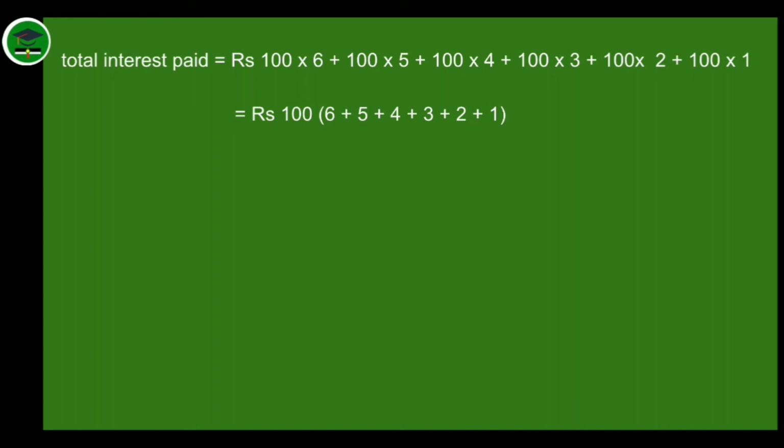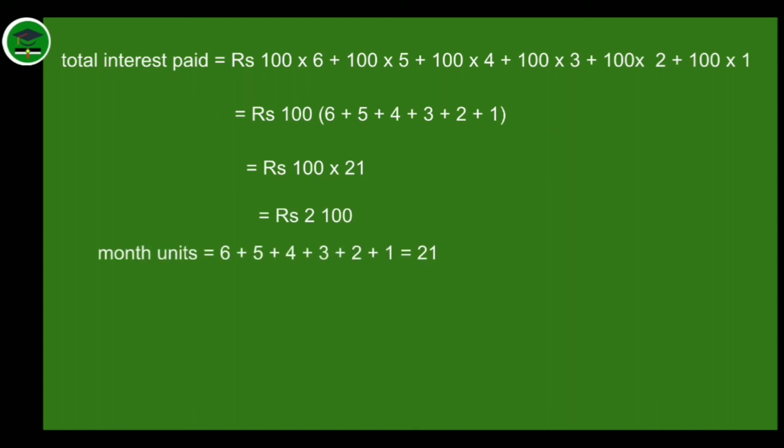You know that you can find the sum of arithmetic progression as n over 2 times a plus l. Here 6 plus 5 plus 4 plus 3 plus 2 plus 1, that is 21, that is known as month units.